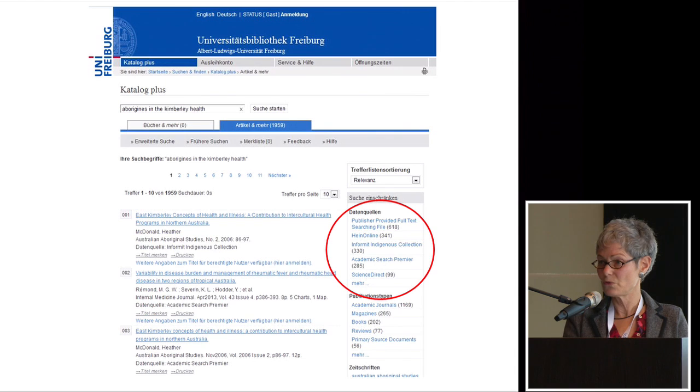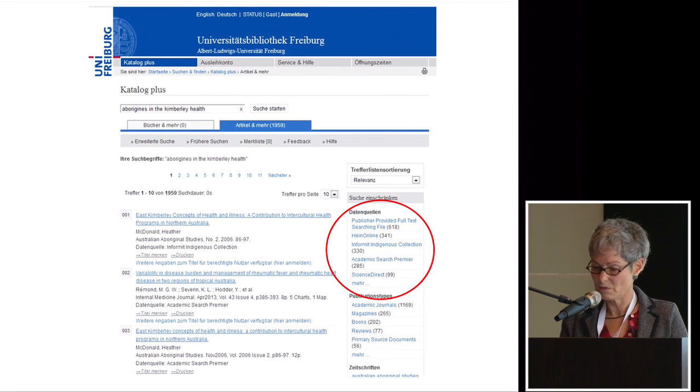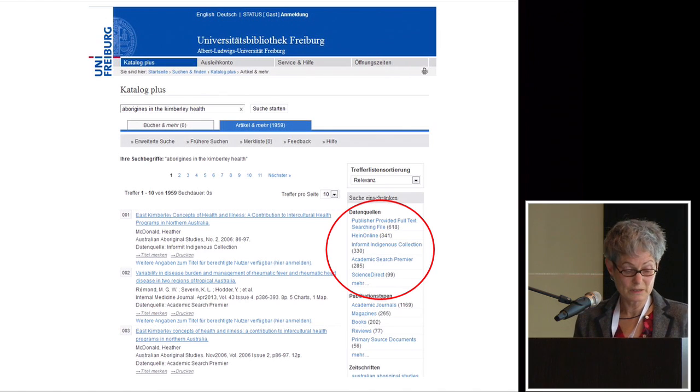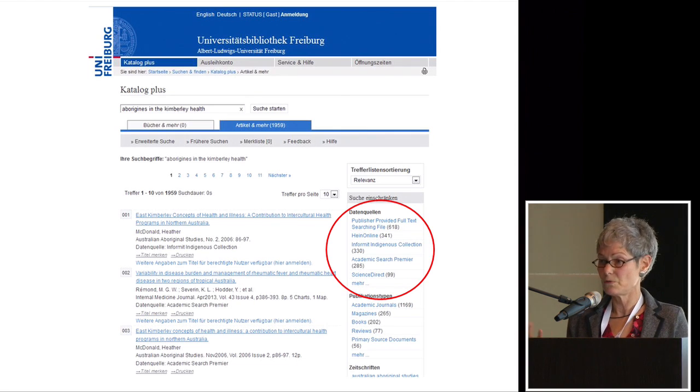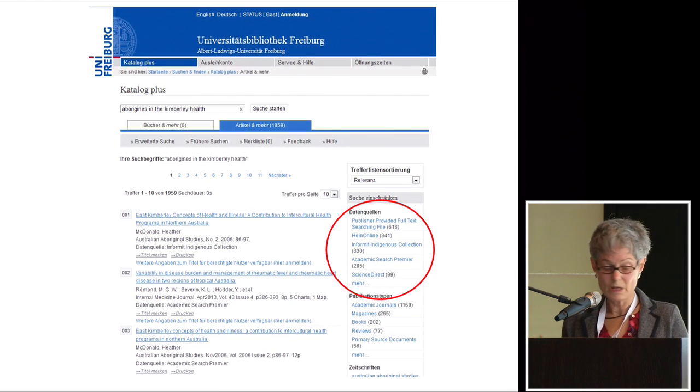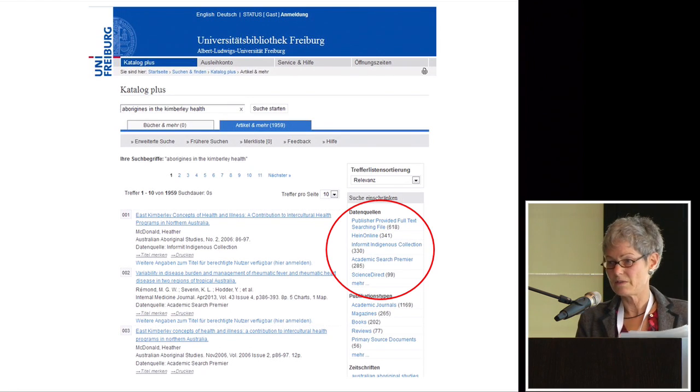And this filter is full of possibilities of filtering that none of our test persons would understand. Instead, they would have liked to see a filter that allows you to specialize in a special discipline or a special target group, like introductory literature as opposed to specialized literature.